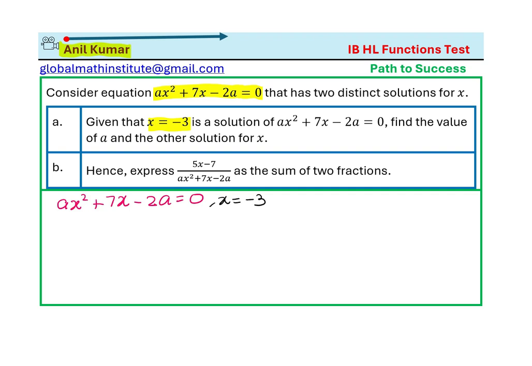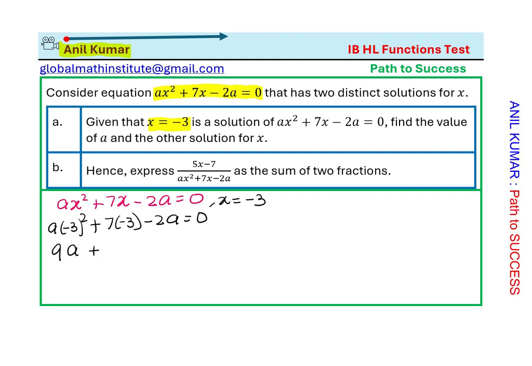So let's do it. So a times minus 3 squared plus 7 times minus 3 minus 2a equals 0. Now you can see only a is there, one unknown, which we can find. So 9a is minus 3 squared times a, plus, becomes minus when I multiply 7 and minus 3, so minus 21 minus 2a equals 0.